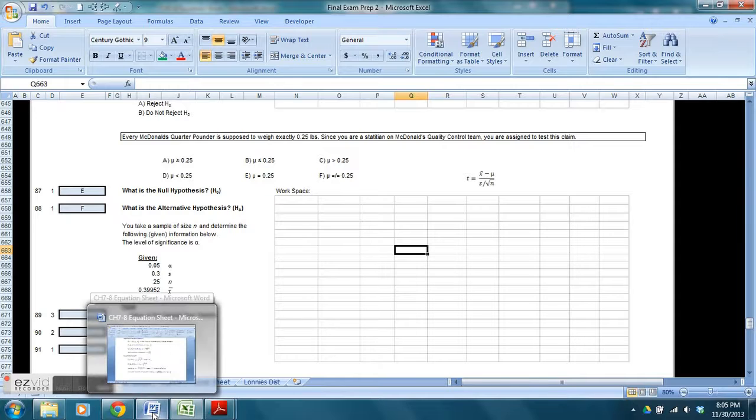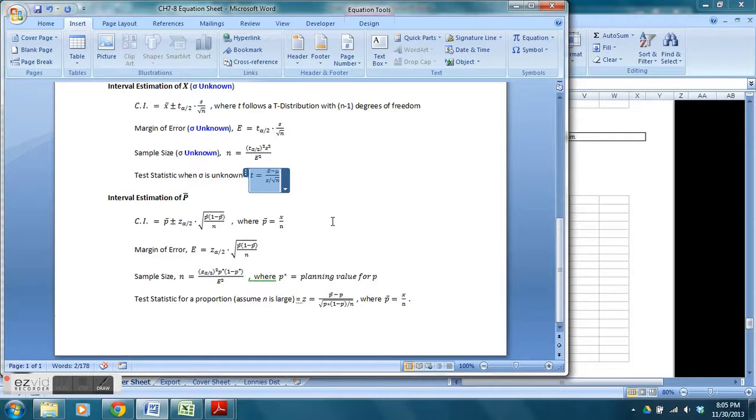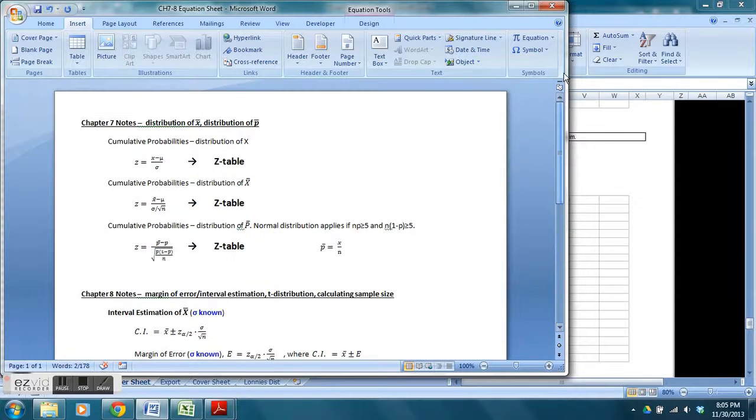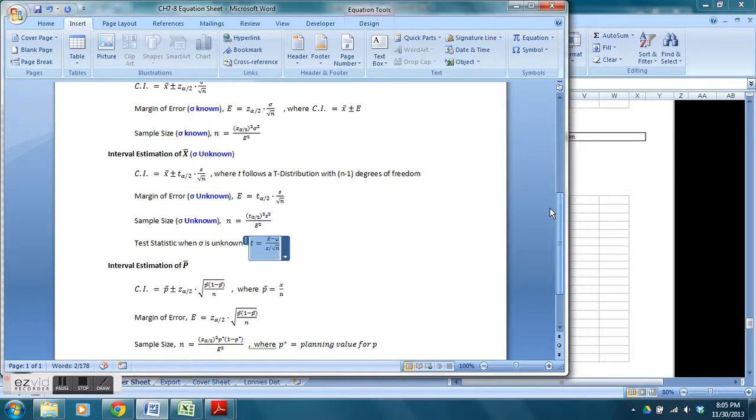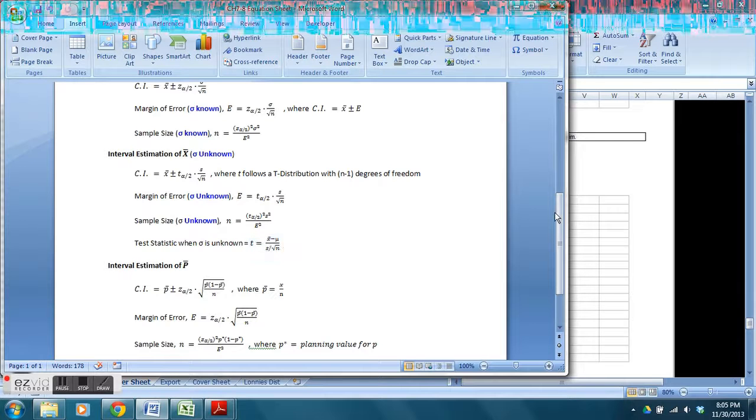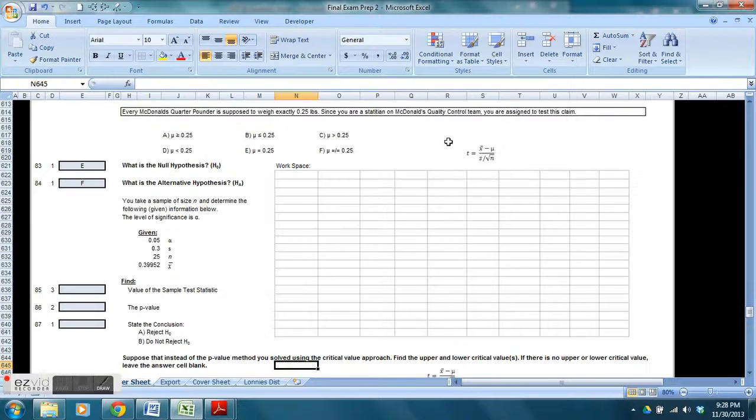So you want to go to your equation sheet, and this is an updated equation sheet that you'll have for your final exam. It's now available for download in the same place the old equation sheet was. Anyways, under where sigma is unknown, our test statistic when sigma is unknown, t equals x bar, this equation.